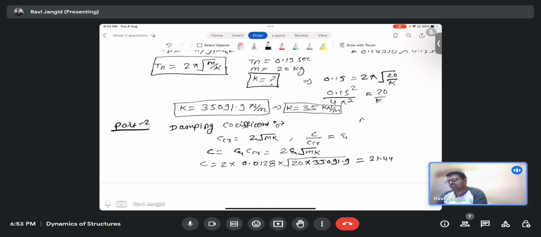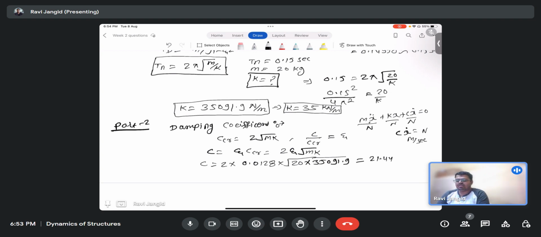In the equation, as we know, m x double dot, k x, c x dot, everything is a force. This is in Newton, this is in Newton, this is in Newton. x double dot is the acceleration, x is displacement, and k is Newton per meter, so that becomes Newton. Now c x dot is also in Newton. How can it be converted into Newton? Because x dot is my velocity, meter per second.